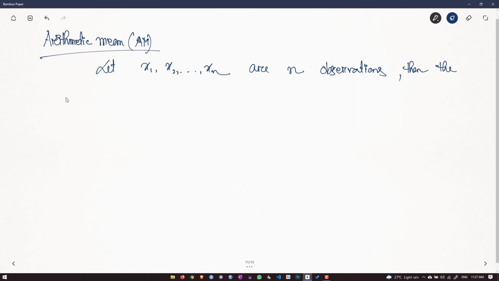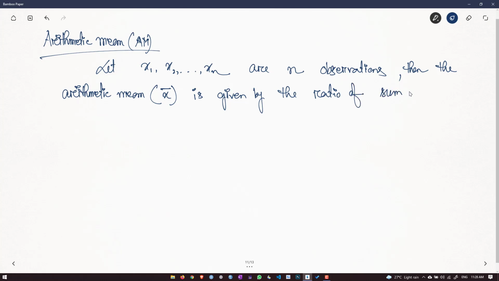Then the arithmetic mean, which is normally denoted by x bar, is given by the ratio of the sum of the observations to the total number of observations.